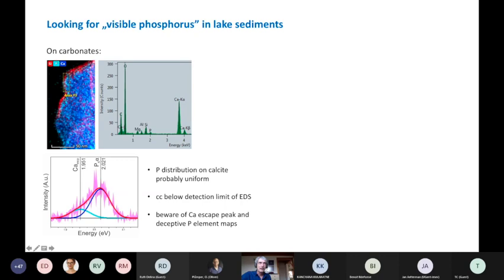And all these element maps can be really deceptive, because if you just subtract the background and make an element map using these peaks, then you will end up with some extra phosphorus where there is a lot of calcium. So on calcite, we didn't really see it.